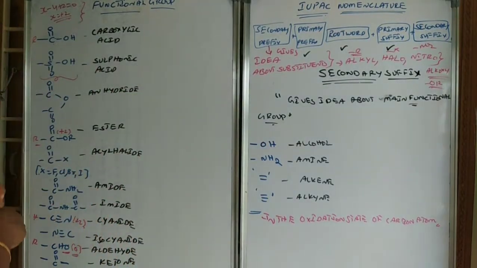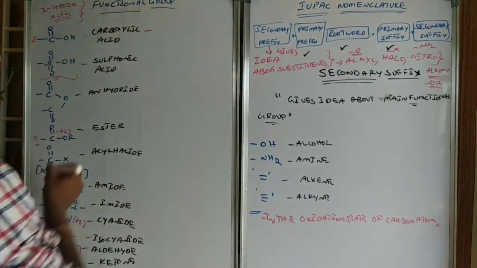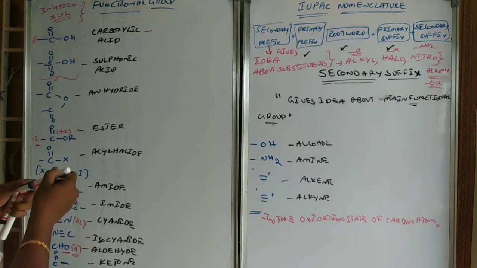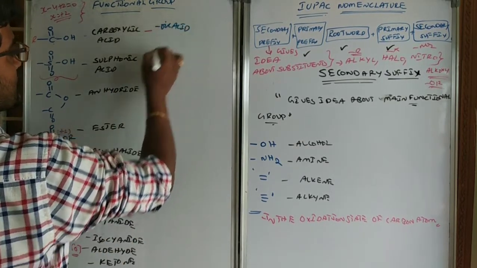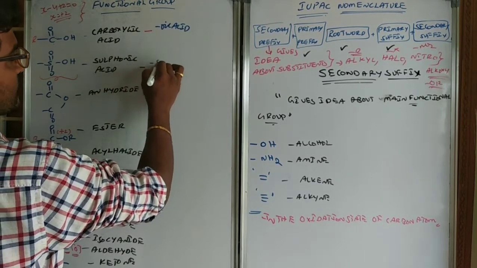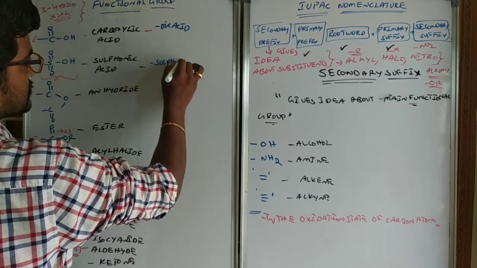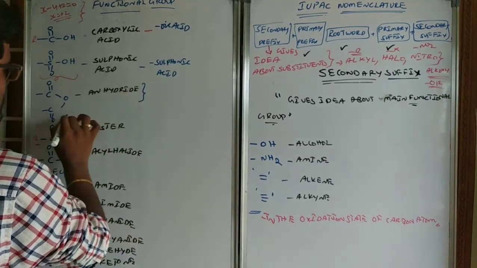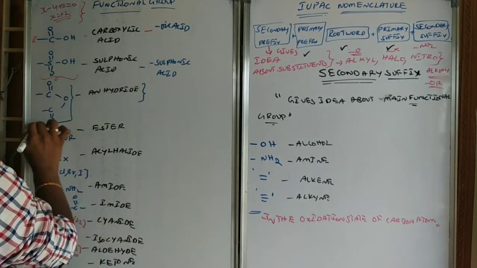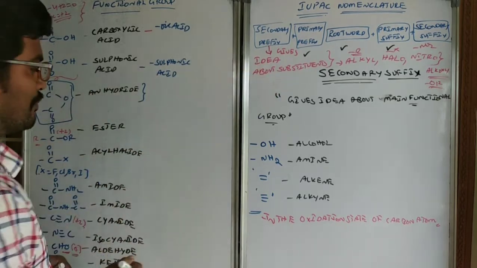Let us see, when carboxylic acid is the main functional group, then we call it oic acid. This one is sulfonic acid. This one, anhydride, is a separate category; I will explain this in special compounds.